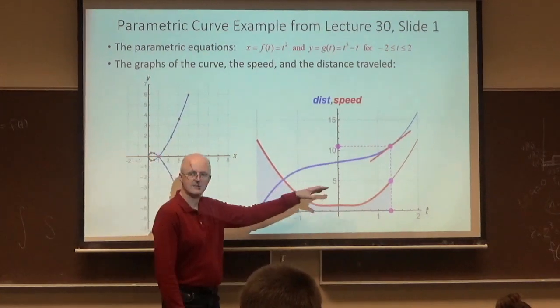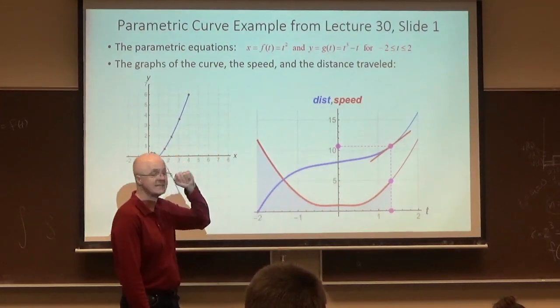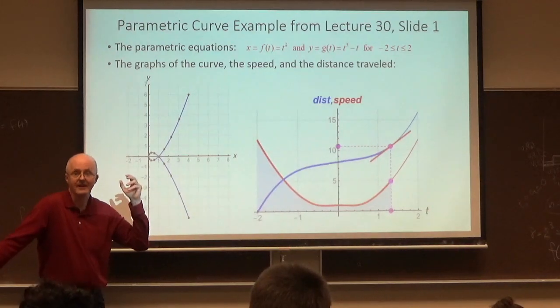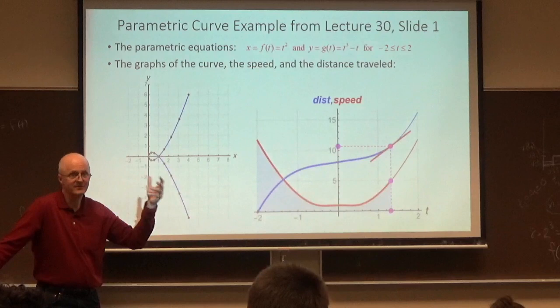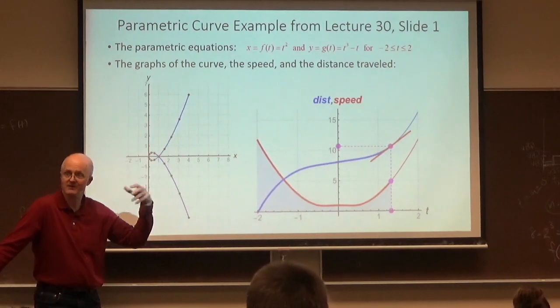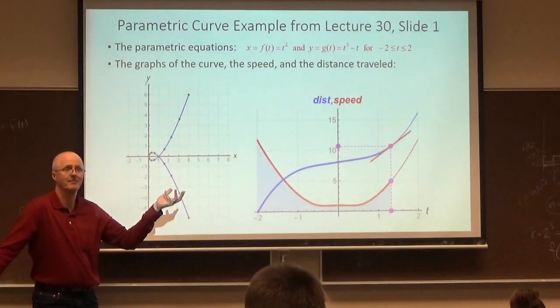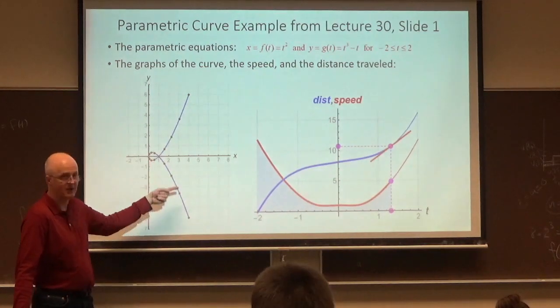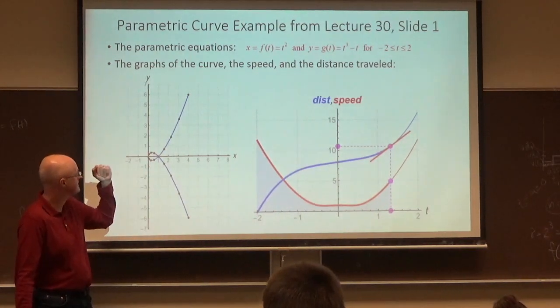We had a graph like this where we were talking about the speed and distance traveled. We started at time -2. Why? Because we can, if we feel like it. It's not the most natural thing to do in most applications, but as far as the math goes, we certainly can. And it does have the benefit in this picture of making the picture nice and symmetric.